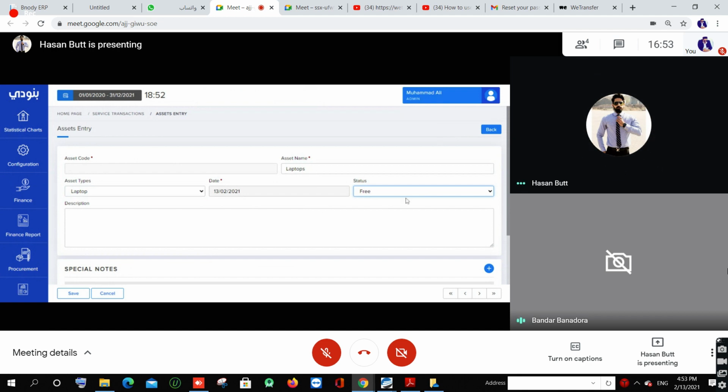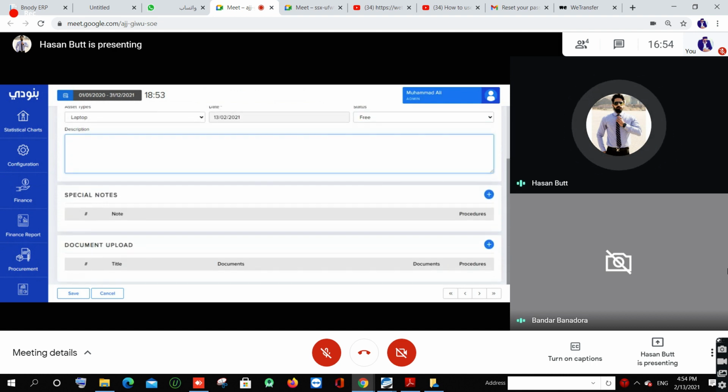Great. All right, and as you know, when we enter it as an asset entry, it cannot be occupied. It can be damaged or it can be free. We will make it a free status, because after the asset entry, we will give it to our employees, not to our clients.